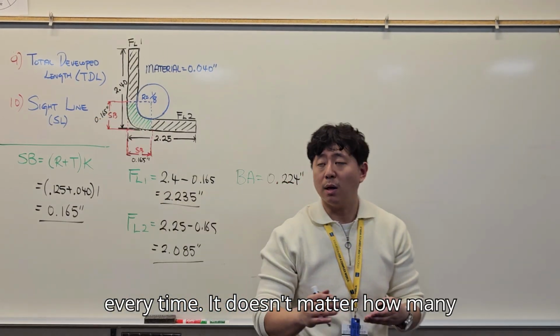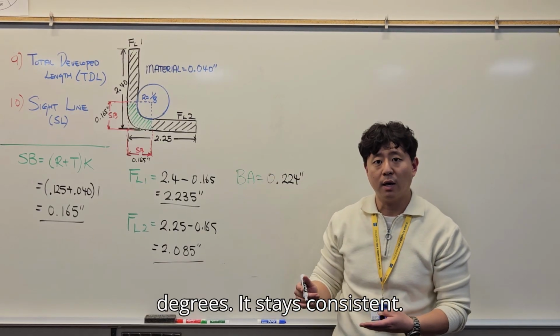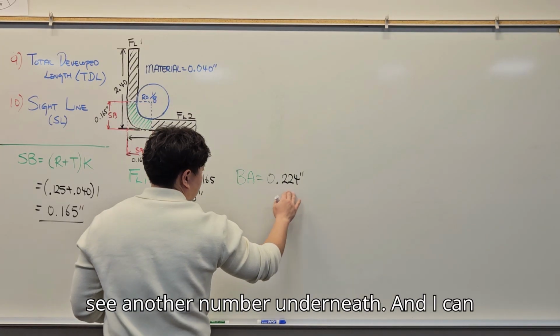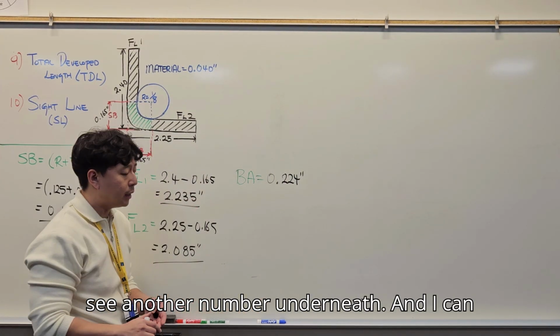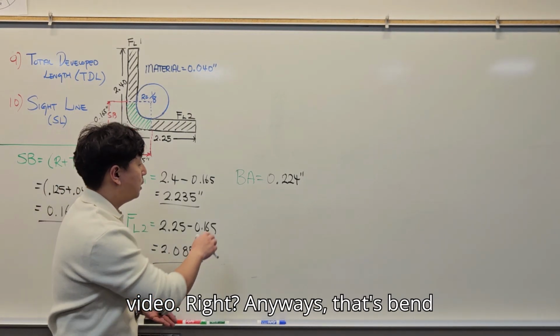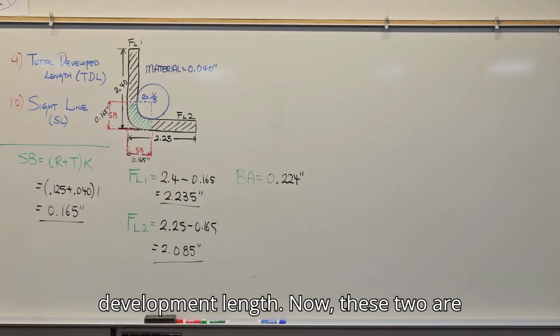Every time, it doesn't matter how many pieces of 40 thou material you're bending at 90 degrees, it stays consistent. If you look at the chart, you're going to see another number underneath, and I can explain what that number is in the next video. Anyways, that's bend allowance.